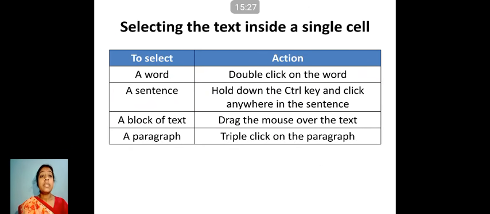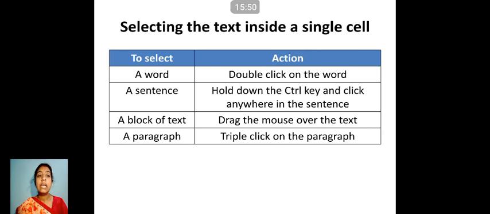Now, selecting the text inside a single cell. This you have already done. I hope you have done this on simple Word documents also. The same method is there for selecting the text inside a single cell. If a word is written, then what do we have to do?